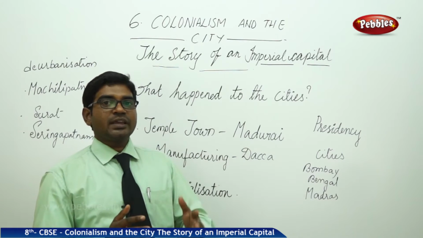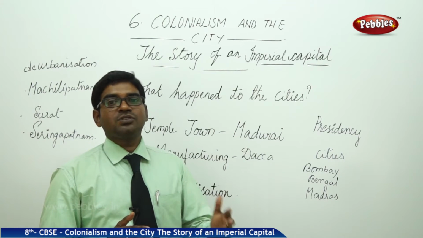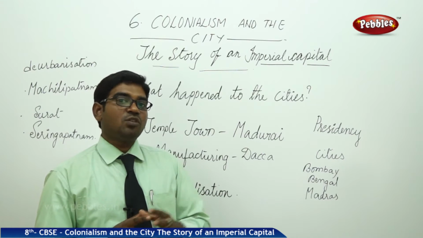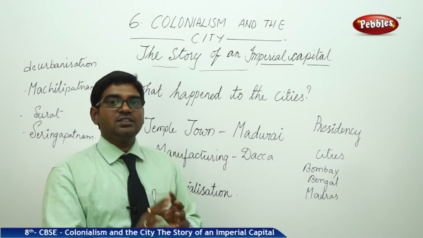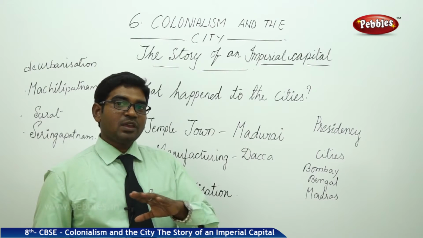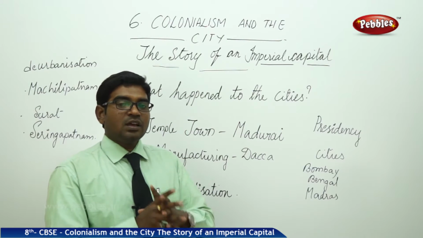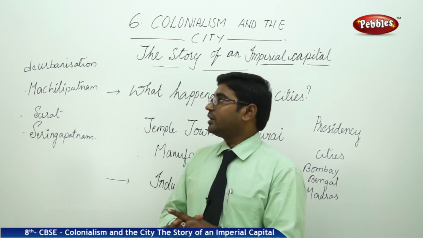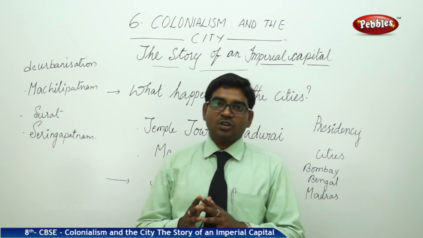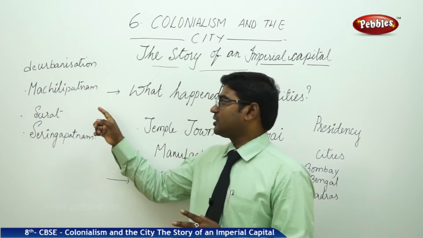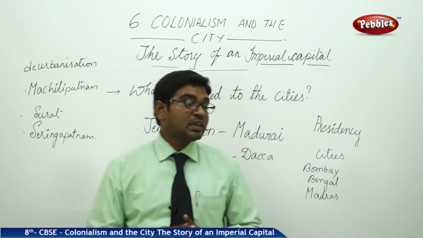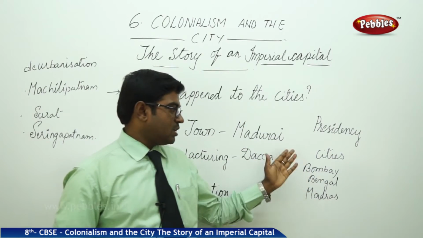Second, they might get administrative opportunities to work in the administrative offices. So in search of these jobs, people started to migrate from many villages to these places. This led to the de-urbanization of Machilipatnam, Surat and Seringapatnam, and the urbanization of Bombay, Bengal and Madras.